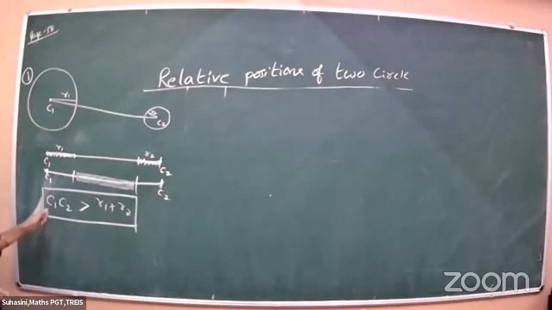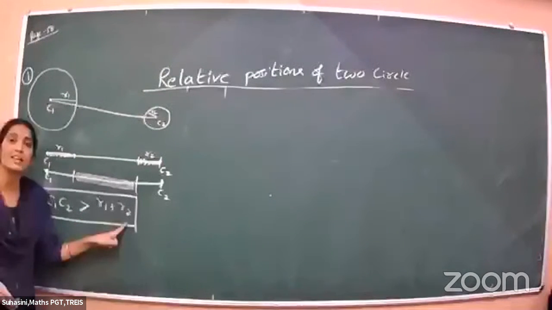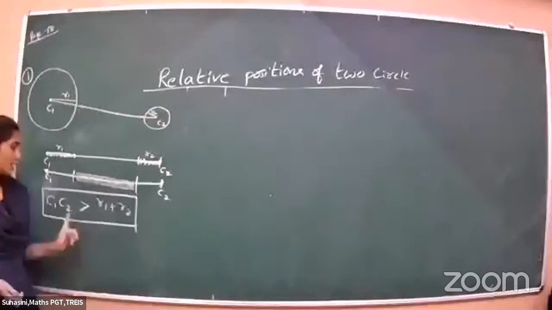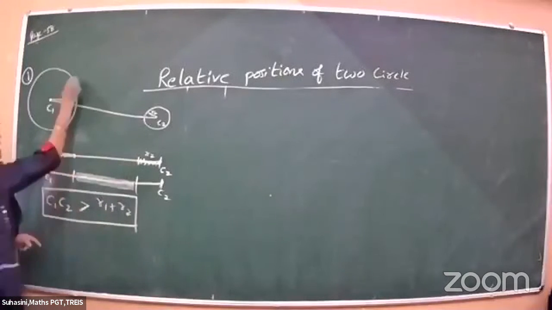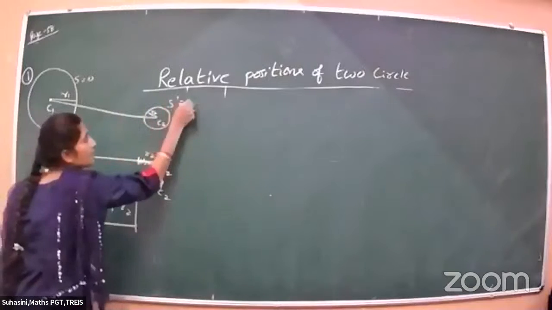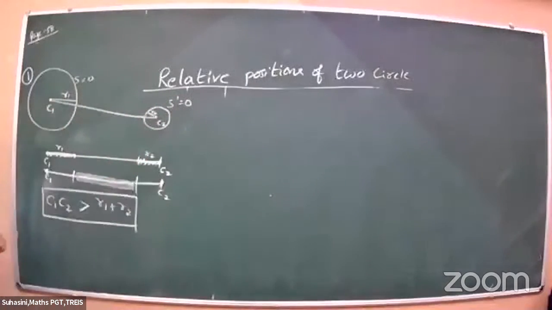This is possible when the distance between the centers of the two circles is greater than the sum of their radii. So C1 C2 is greater than R1 plus R2 is the required condition for the two circles S equal to 0 and S dash equal to 0 to be apart and have no points in common. This is case 1, children.